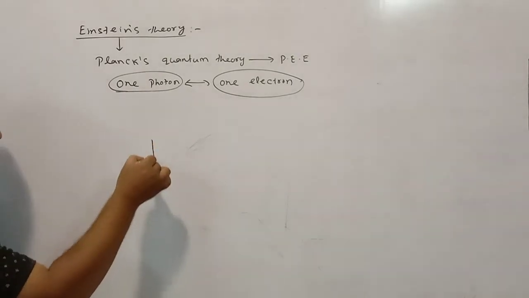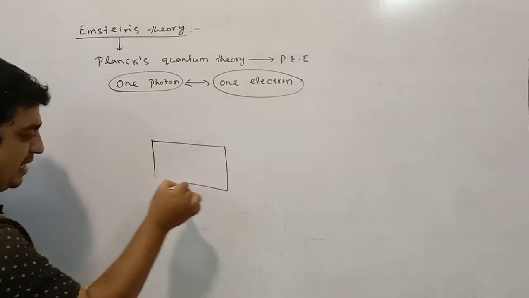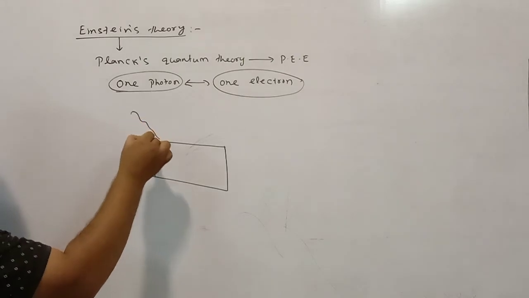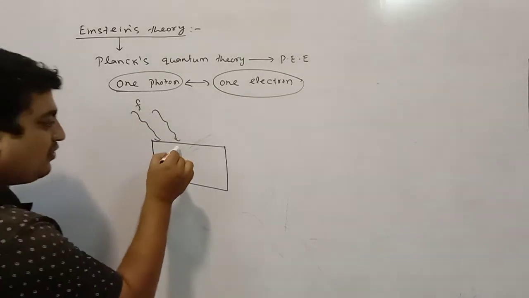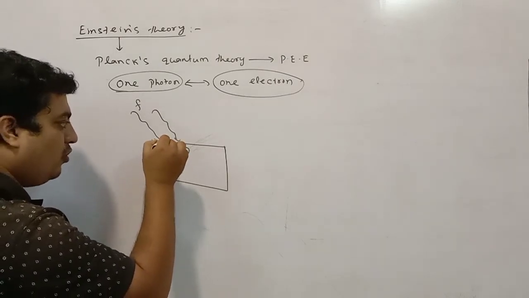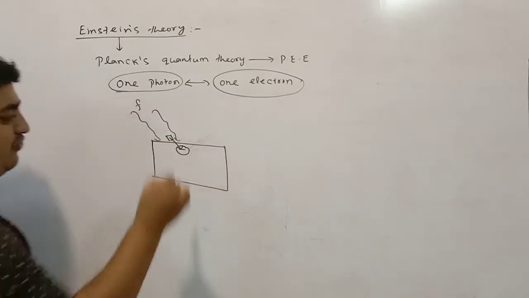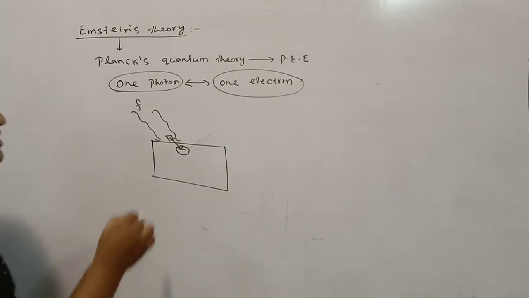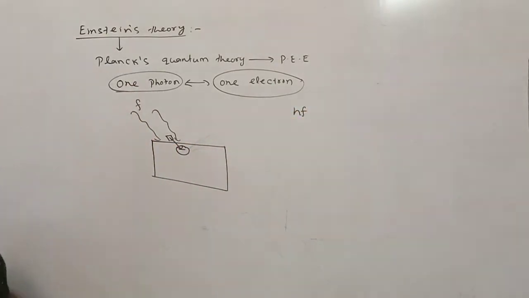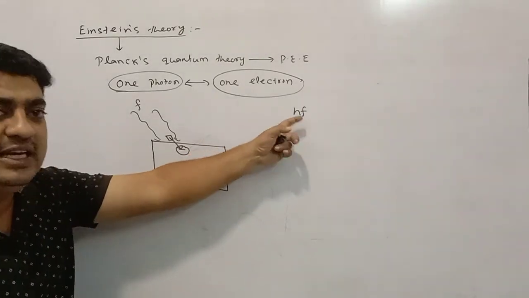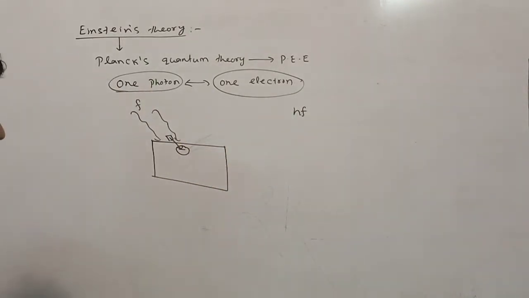Now, consider a metal surface. Light of frequency f is falling on it. Consider an electron which absorbs a photon of the light. So, the total energy absorbed is hf. This energy is utilized in two ways.